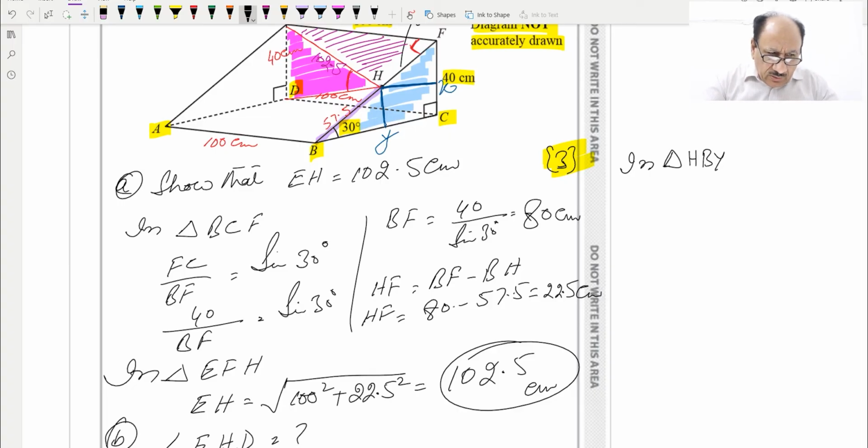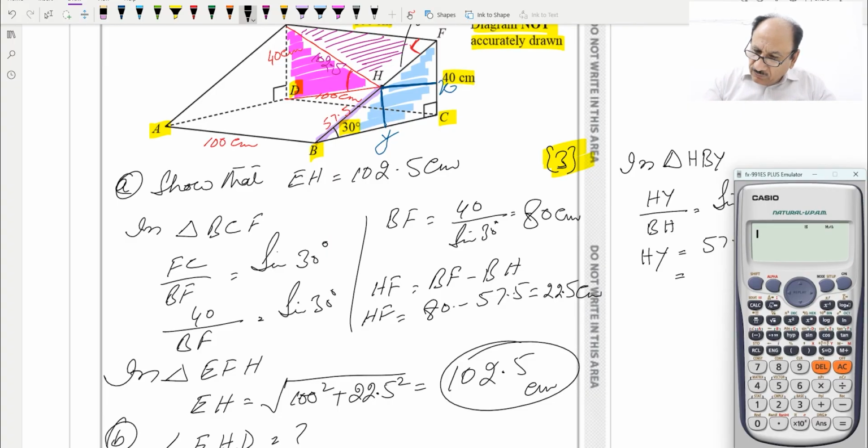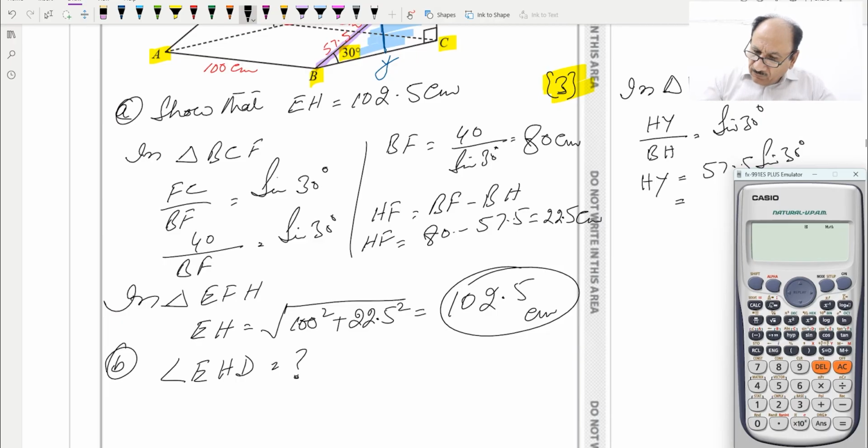So we can write HY over hypotenuse, which is BH, is equal to sine of 30 degrees, and HY we need to find. So HY is equal to BH, which is 57.5, times sine of 30 degrees, and this is giving us 28.75.